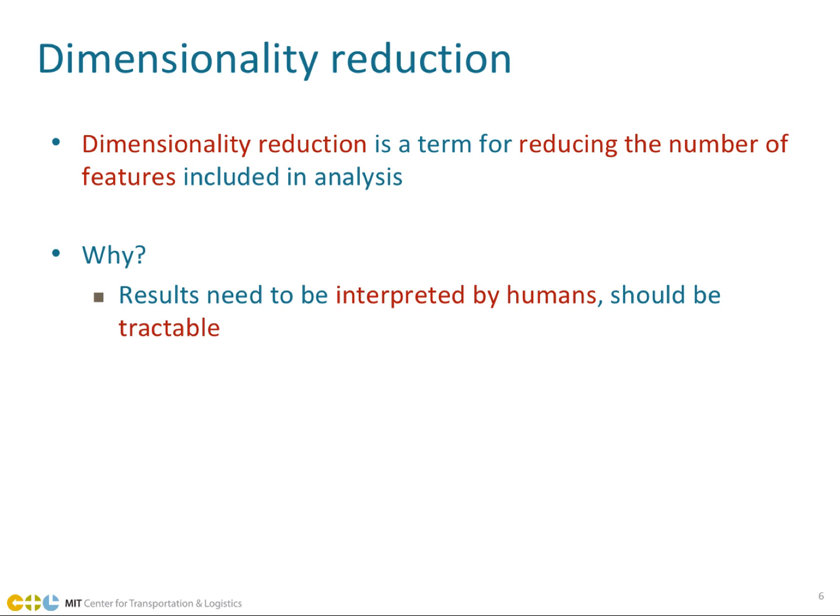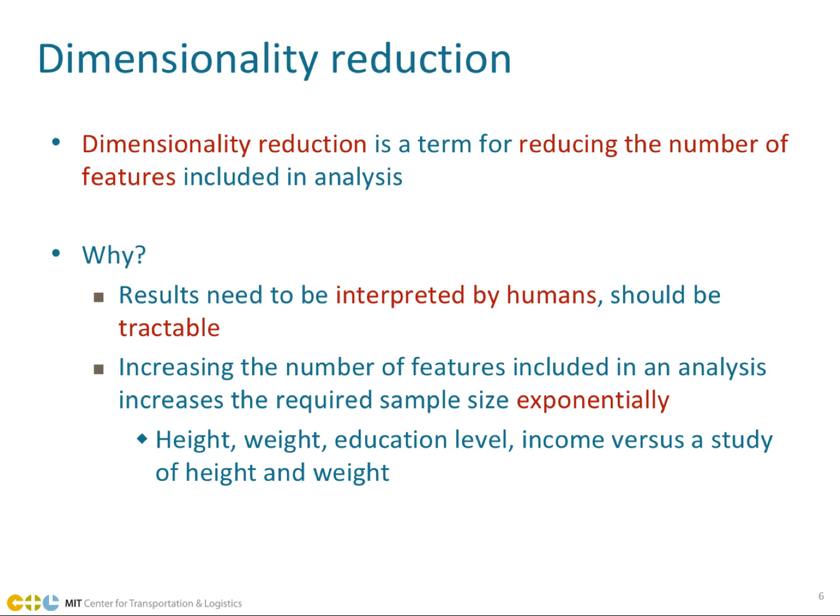So dimensionality reduction can really help us there, and it can help us understand correlations among our variables much more easily, and also reduce down to just the important set of results or features that are important in driving our signal. The other reason that this is important is that the more features you include in your analysis, the larger the sample size of records needs to be. And it doesn't increase linearly, it increases exponentially.